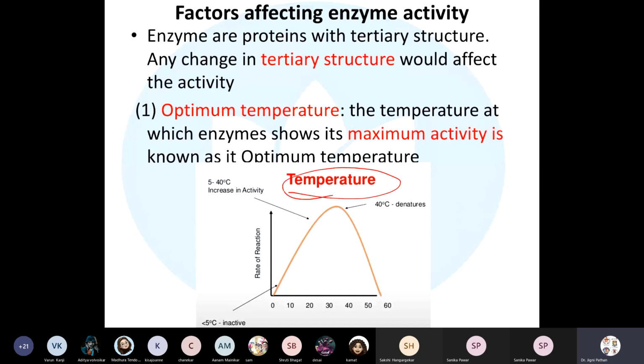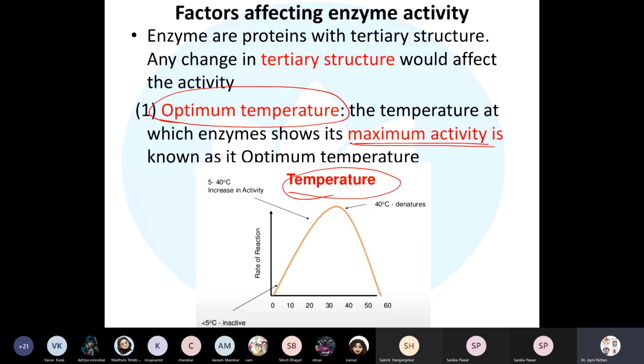Is the point clear? At lower temperature, they remain inactive. At higher temperature, they denature. And optimum temperature is the best temperature at which they show activity. Clear all? Have you all drawn this graph?